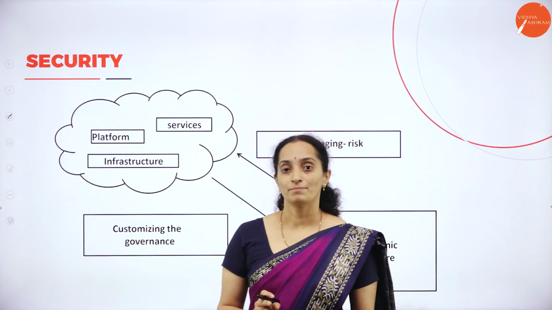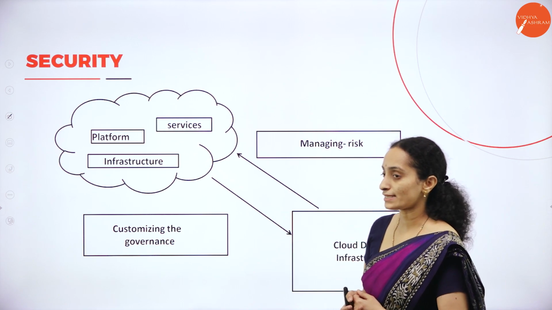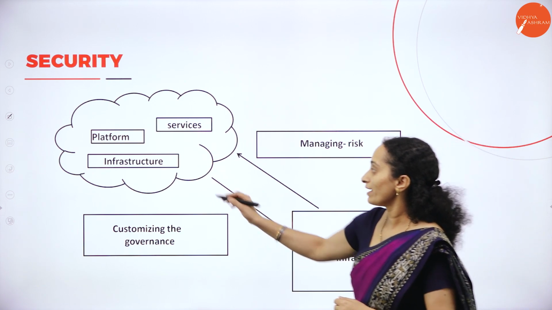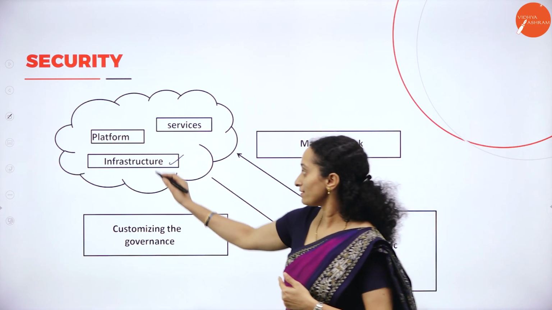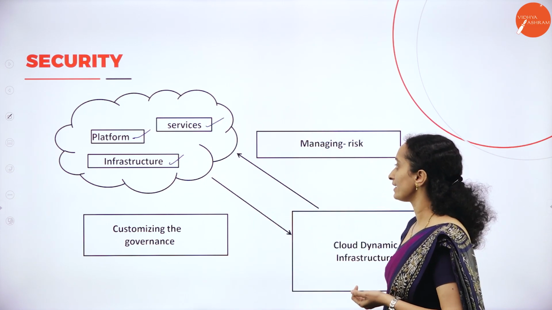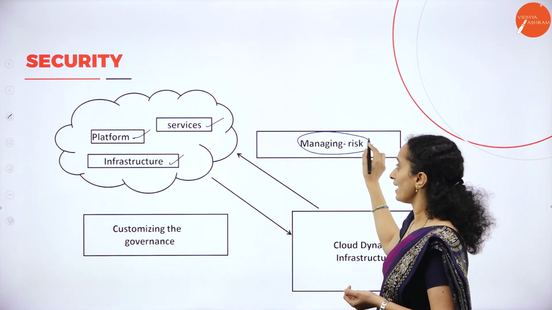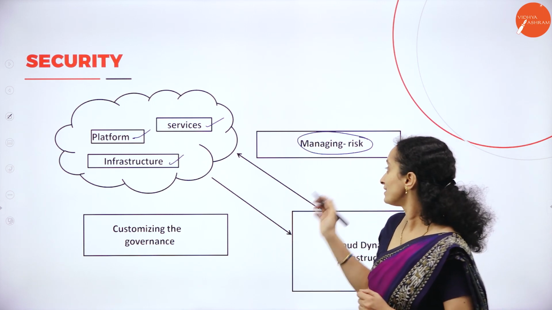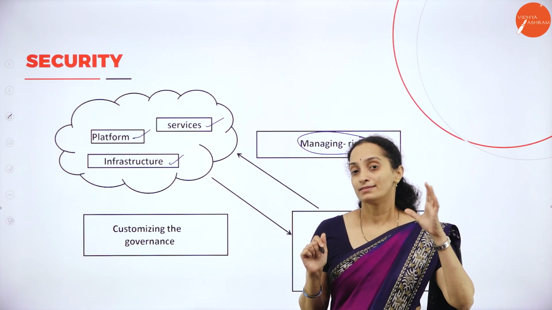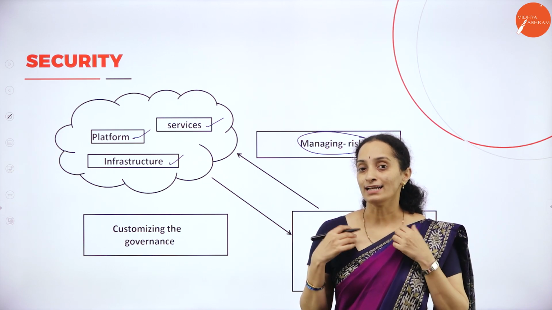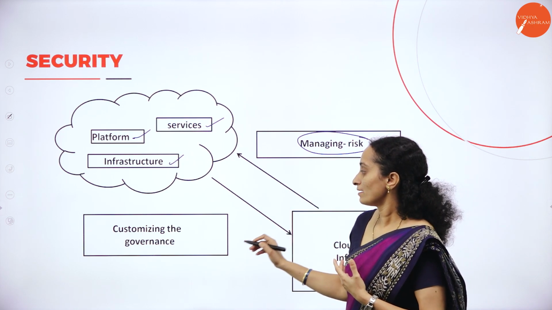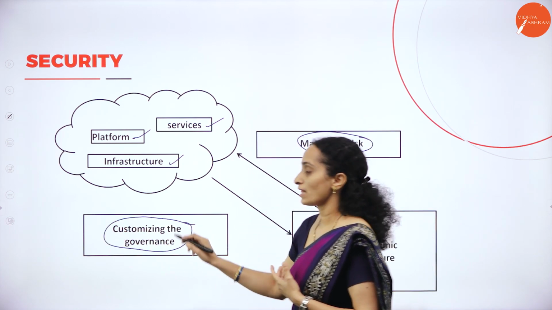Okay. Next comes the parameter of security. How will security be provided by the cloud dynamic infrastructure? Again, we have infrastructure as a service, platform as a service, and software as a service. So we have 3 types of service. The cloud dynamic infrastructure must manage the risk. It has to predict the possible risk that can happen to a cloud, and it must avoid it and customize the governance.